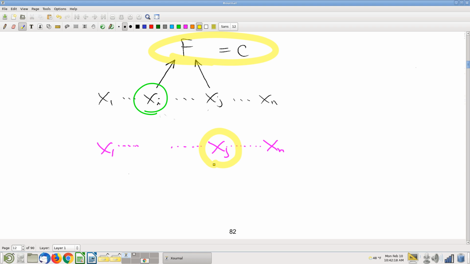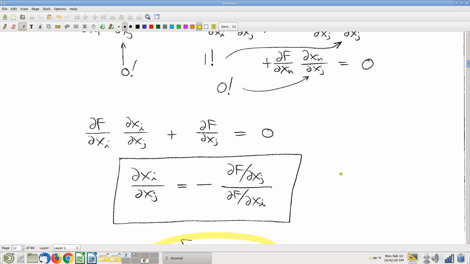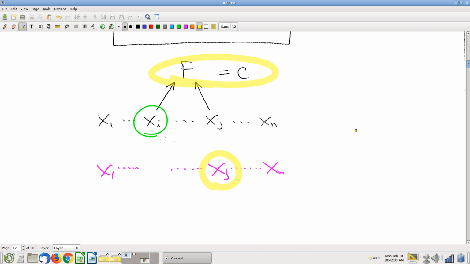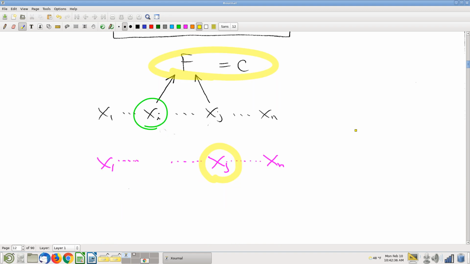Why am I taking its partial with respect to xj? Well, I mean, look, I eventually am going to want to know a partial of something with respect to xj. So, I don't know, seems like a reasonable thing to try. Even though I'm not taking the partial of the thing that I really want, I want the partial of xi. I'm taking the partial of f. It's not really what I want, but who knows? Maybe we'll get lucky, right? So let's do that.